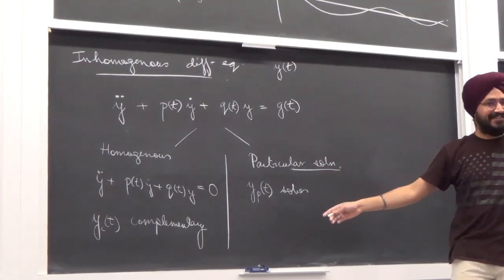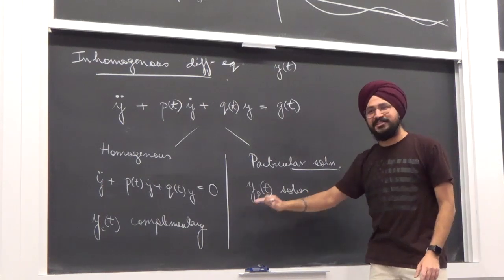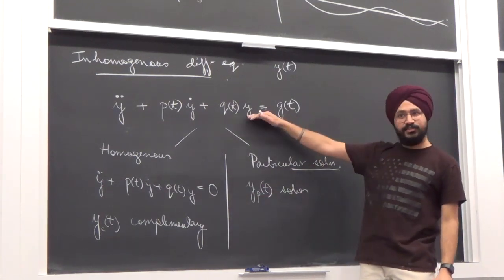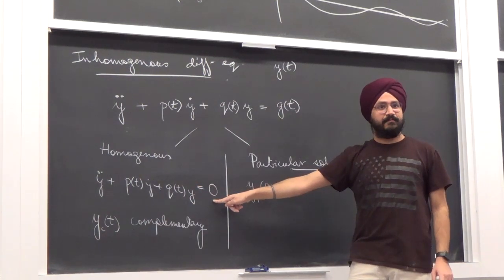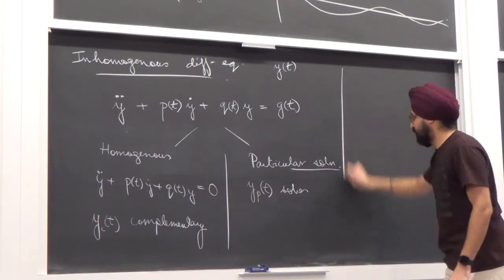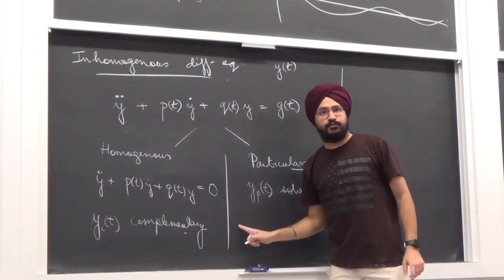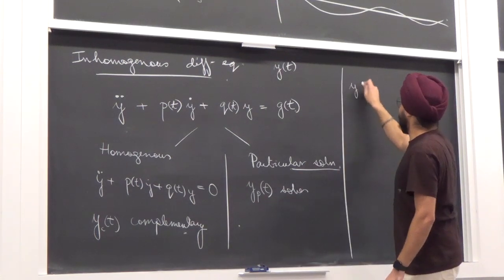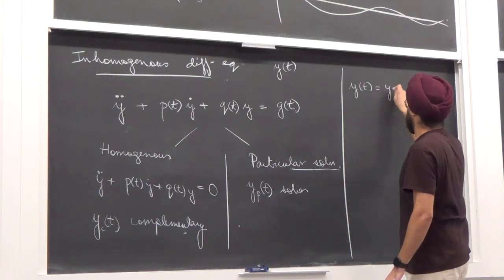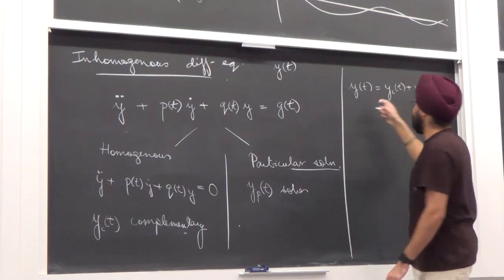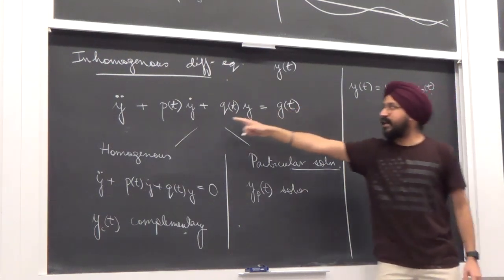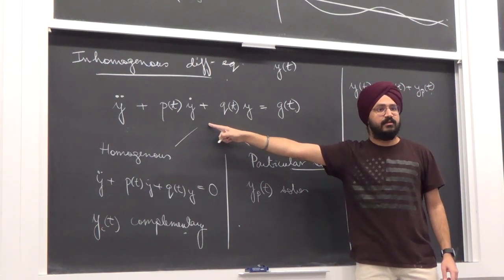That's the whole point, we'll get to that. So there is a solution which is y p, which solves the inhomogeneous one, y c solves the homogeneous equation. Now I claim that once you've found these two, if I write down y of t as a sum of y c of t plus y p of t, even this solves my inhomogeneous differential equation.